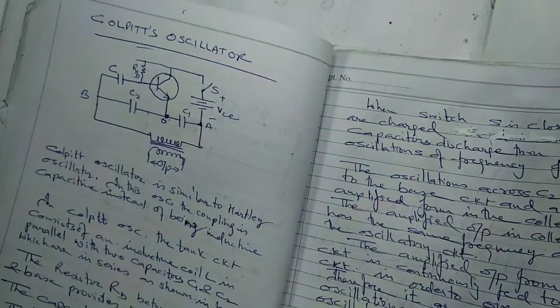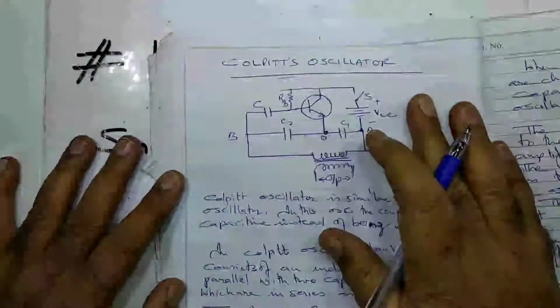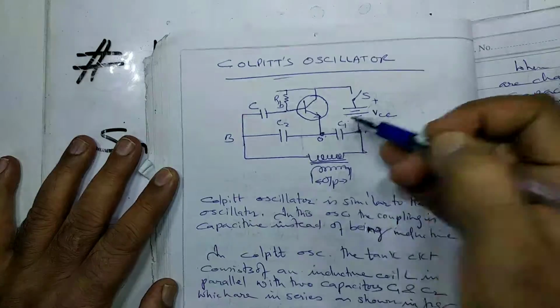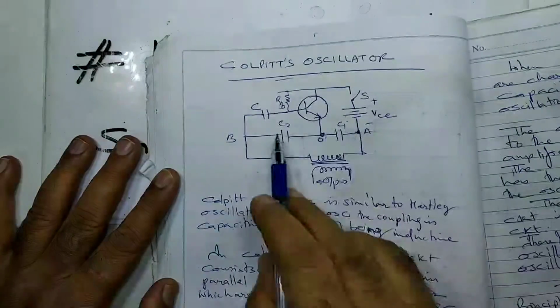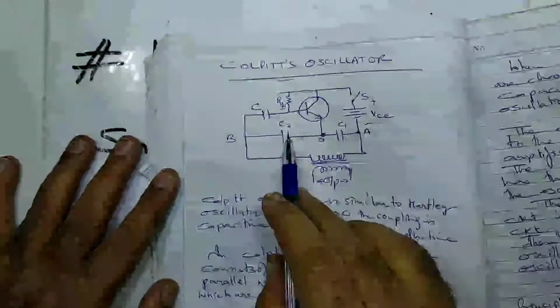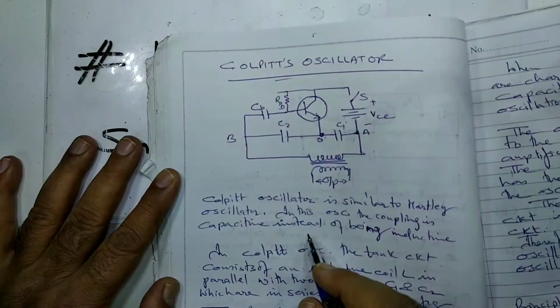Now we come to the third type of oscillator, that is called Colpitts oscillator. This is the circuit of the Colpitts oscillator, where we can see the capacitor is split into two parts, C1, C2, and this is the base capacitor CB.